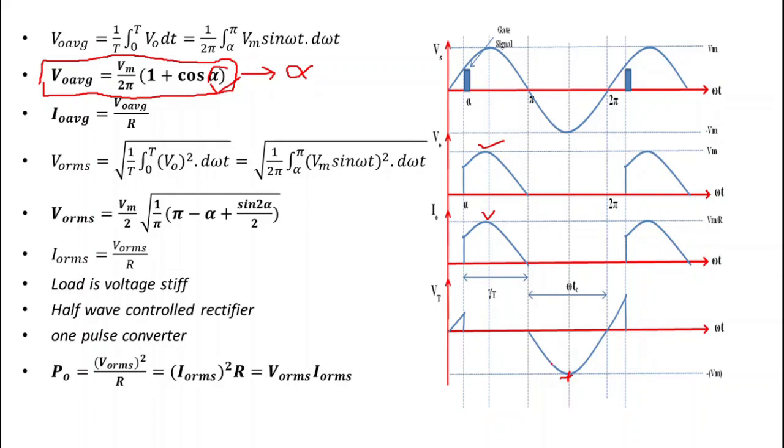Now what is the circuit turn-off time? To calculate the circuit turn-off time, we must know the angle for which the thyristor is reverse biased. Here we can see that the thyristor is reverse biased only for this part. And what is this part? This is simply equal to 2 pi minus pi, so it is simply equal to pi.